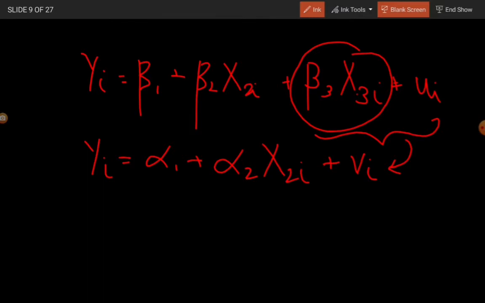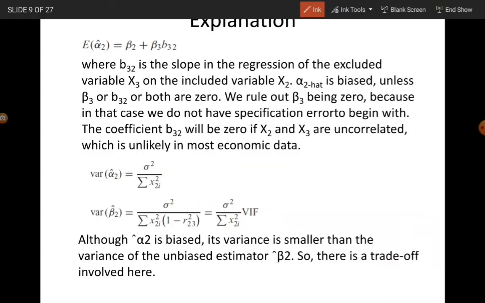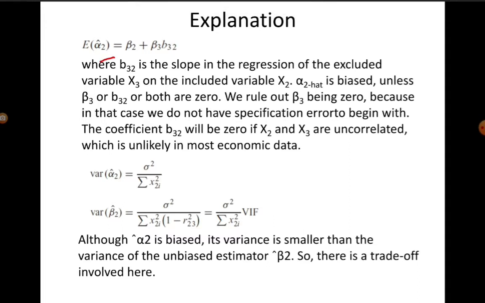Now, when you take the expectation of alpha 2 hat, your value comes up to beta 2 plus beta 3 times b32.